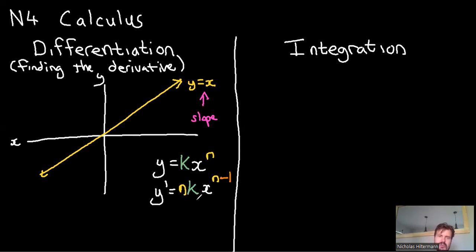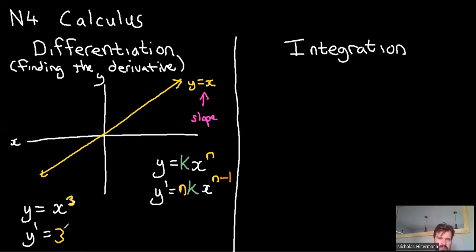Now this looks a bit more confusing than what it is in reality, which is much more simple, because if we bring it to numbers and we make it, say, y equals x cubed, then y dash. So notice what we did was we took the n, the exponent, and we times it by the front. So it's just 3. Our n was 3. Now our k is just 1.